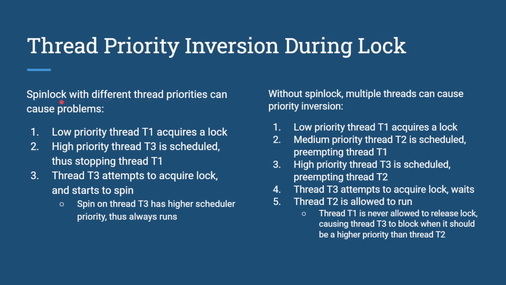If we have two threads, let's say thread 1 and thread 3 here. Thread 1 is a low priority thread, and it acquires a lock that is shared with thread 3. If thread 3 comes in and is scheduled, it will see the lock is set, and it will be forced to spin, waiting for thread 1. But consider, it's spinning doing nothing.